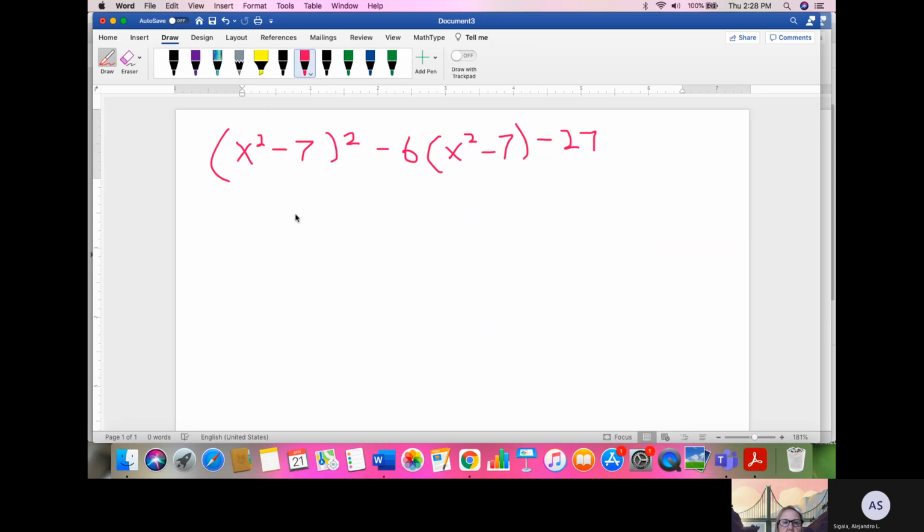Yes. Okay, so that's going to give us u squared minus 6u minus 27. And the factors for that I found were -9 and +3. Here, let me make sure I get my u in there.